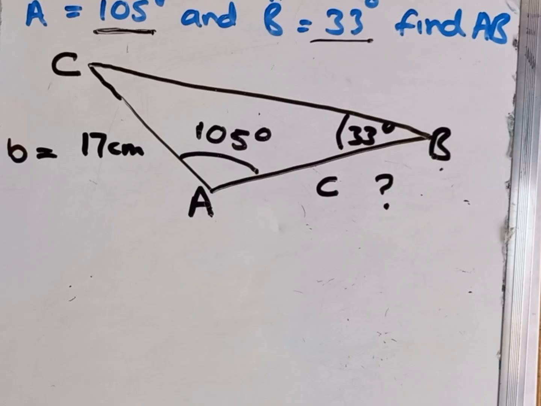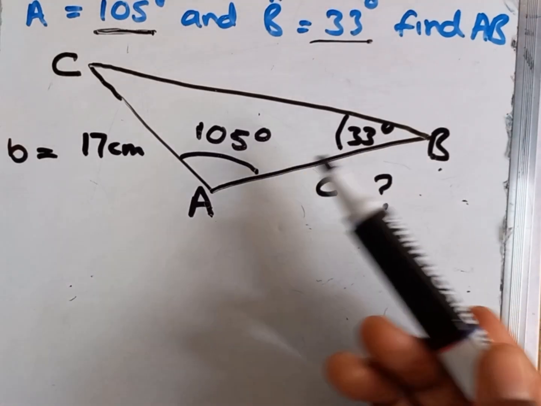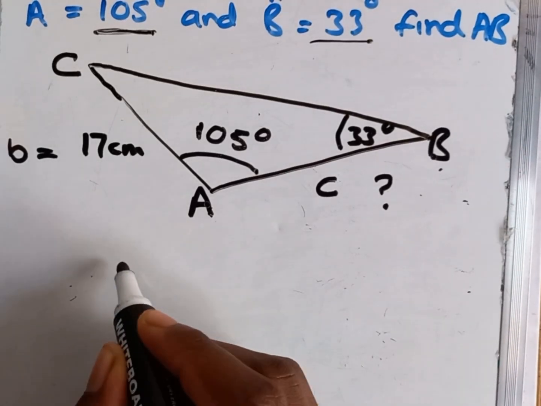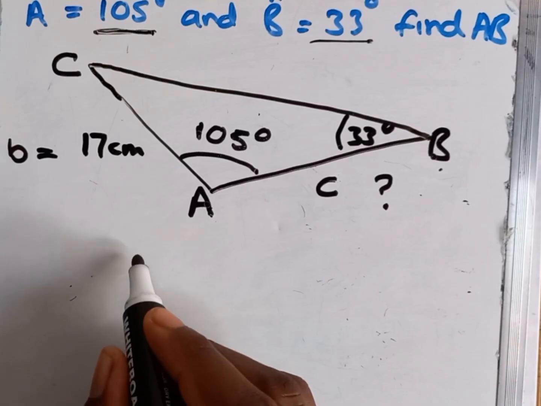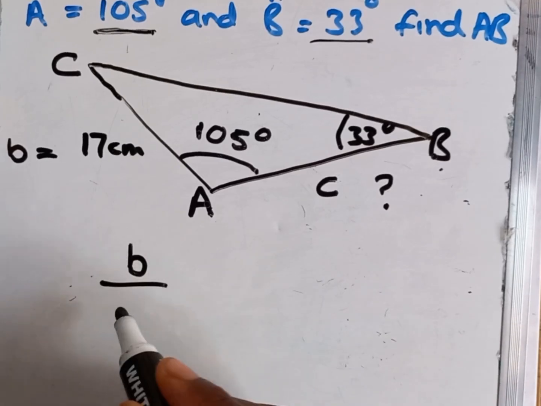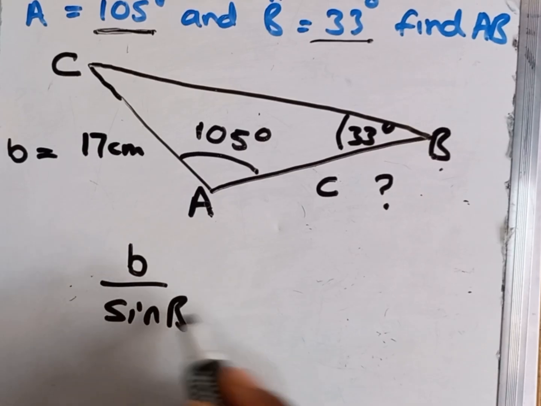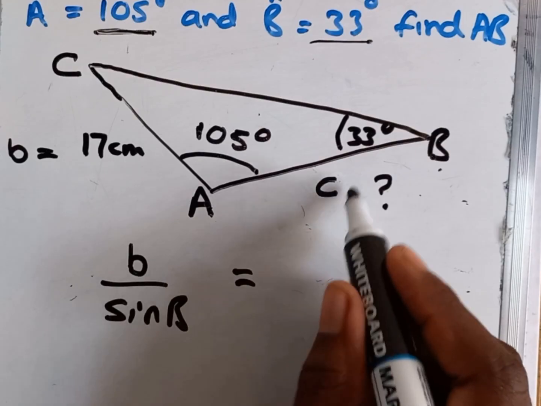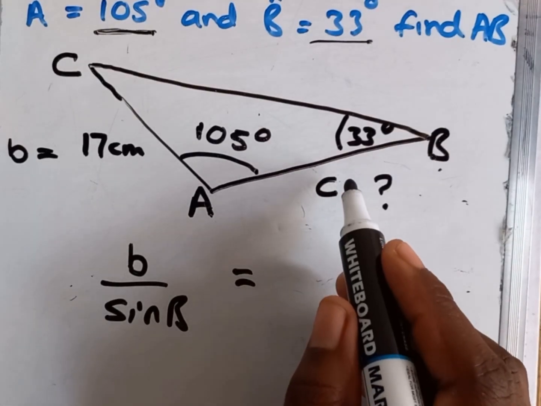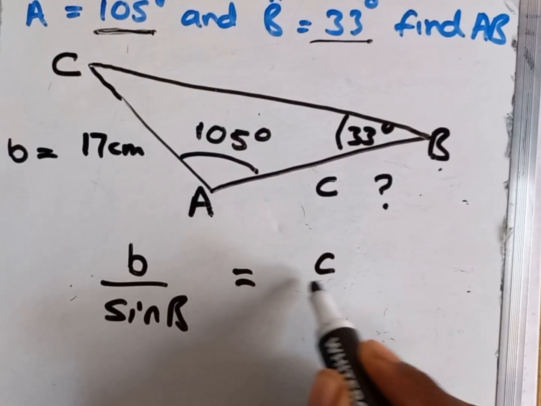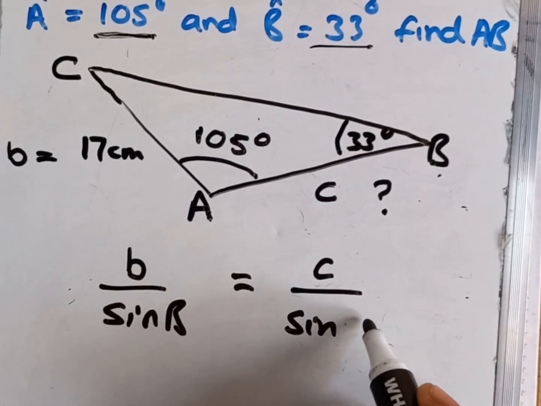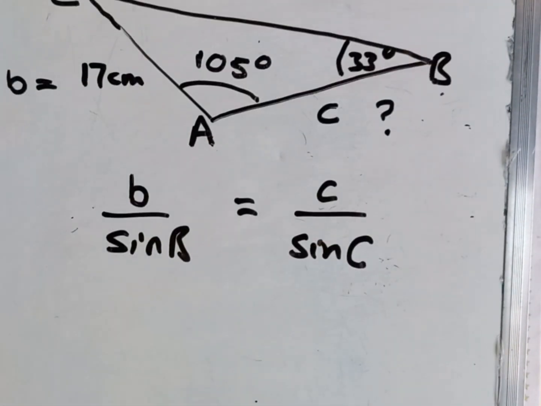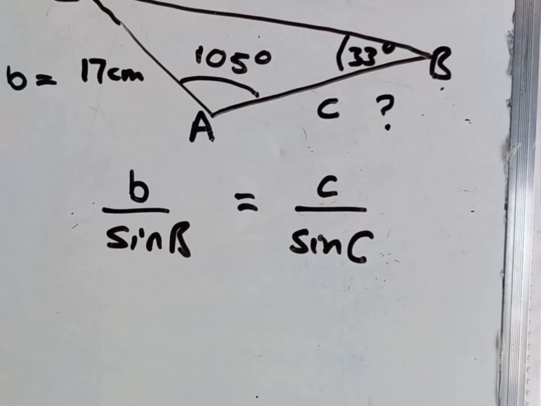For example, here we have side b and angle B, so this is our complete set. We're just going to say b over sine B is equal to c, our unknown side, the one that we want to find, over sine C. All right, so this is our formula that we want to use.